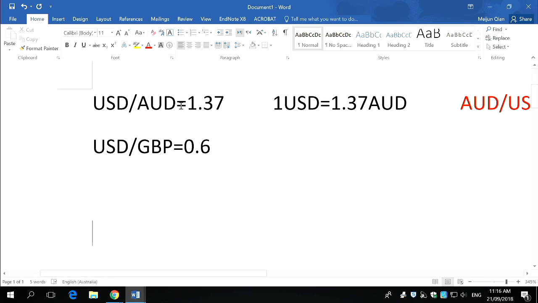You have a number over something else, it's purely math. So if you want to get the cross rate, you just take the first one divided by the second one. Remember fractions: when you divide the top one by the bottom one, what do you get?